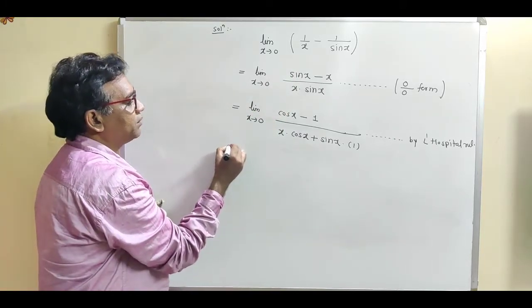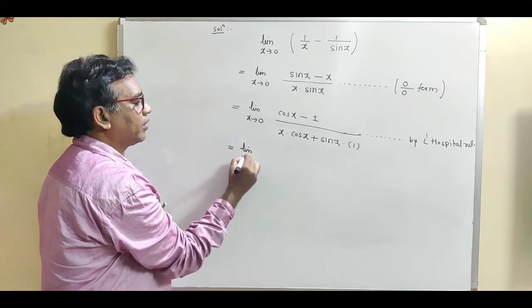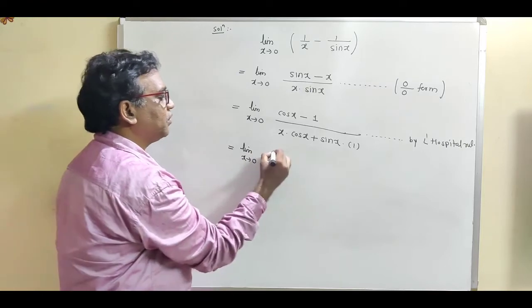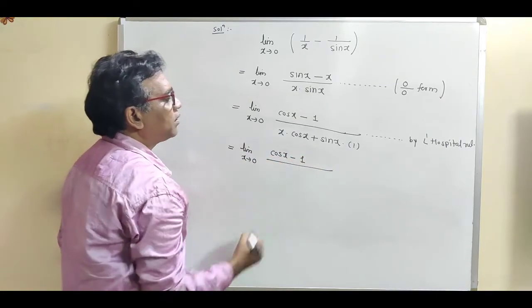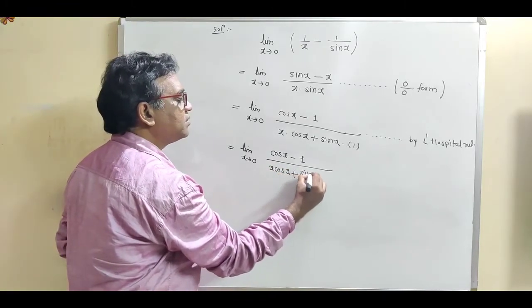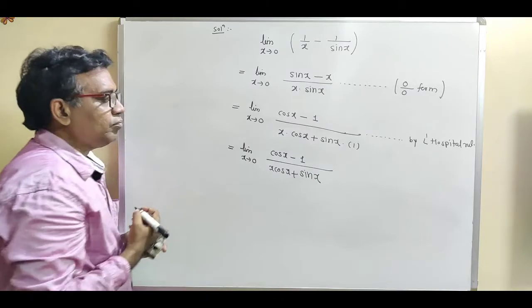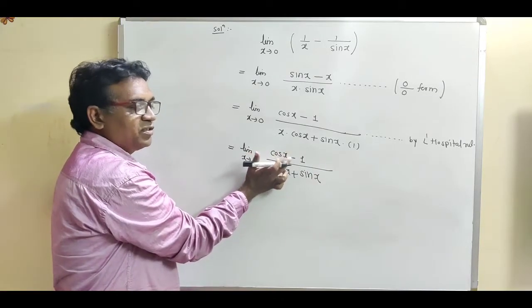So this is equal to, now just simplify this, limit x tends to 0, cos x minus 1 divided by x into cos x plus sin x. Now put x equal to 0 in the given function.